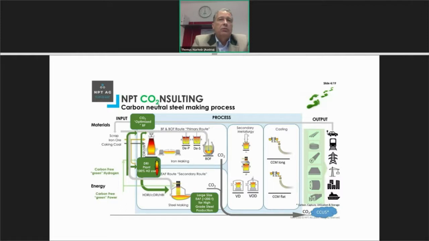The breakthrough technologies are for sure a CO2 optimized blast furnace technology with a high or increased use of DRI, and power which is coming from carbon-free production. Then we have the DRI plants, as we already mentioned, which in the future can use 100% H2, and we have the electric arc furnace, which is for sure the technology with the lowest CO2 footprint on the market right now.